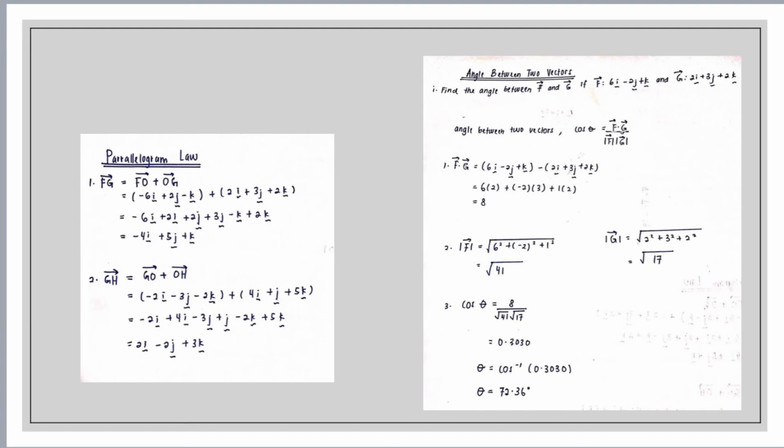The next step, we need to find F dot G, which means 6i minus 2j plus k dotted with G, which means 2i plus 3j plus 2k. So the final answer is 8.